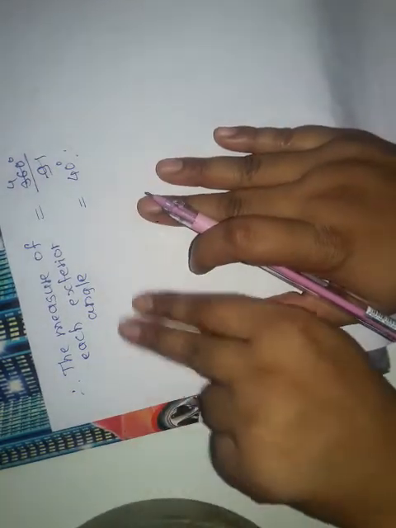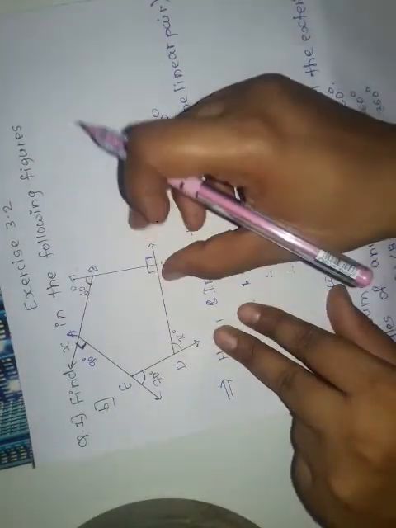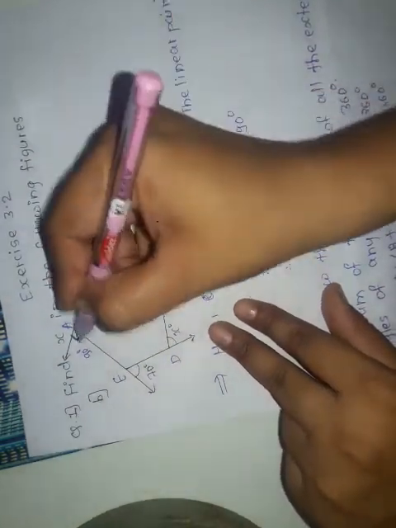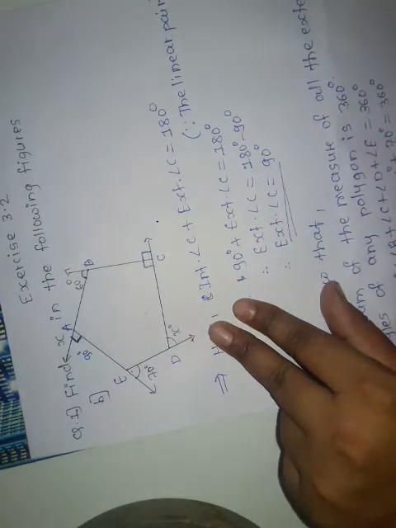So the measure of each exterior angle: if a 9-sided polygon is given to us, then each and every angle is of measure 40 degrees. So write down the answer.